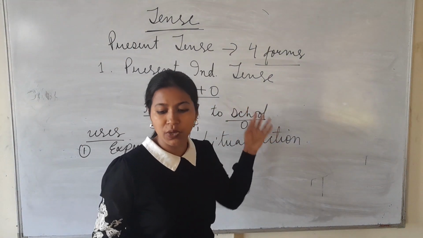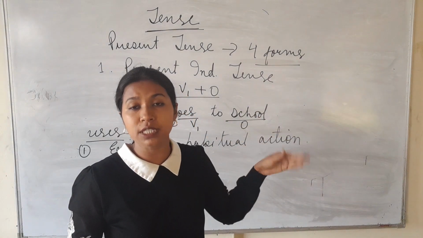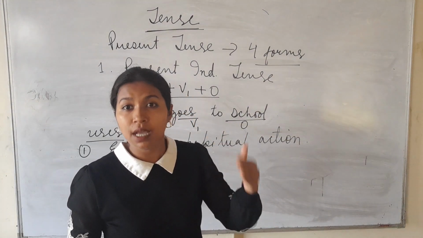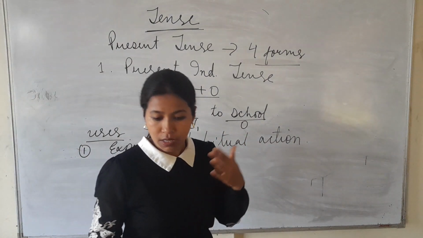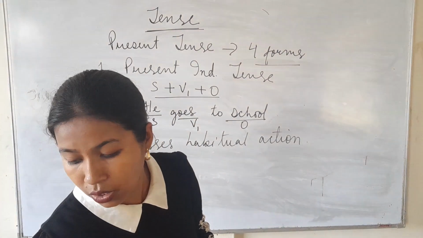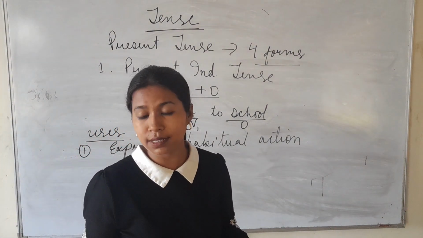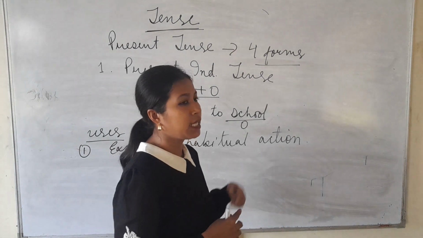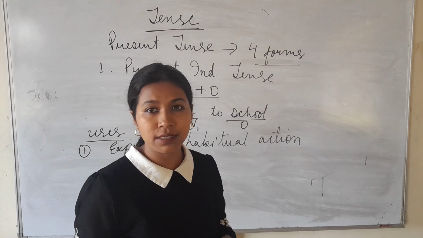You can't use past, you can't use future, you can't use even present perfect. You have to just use present indefinite tense because you are expressing a habitual action which you do regularly on a time basis, on a certain time period. So the first one we have is habitual action. Some sentences: I go to school every day, he takes bath in the morning, right? The sun rises in the east.